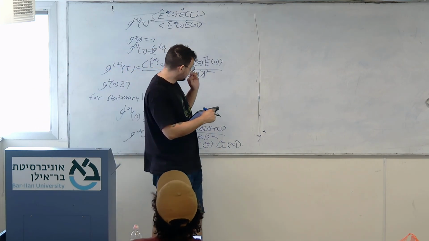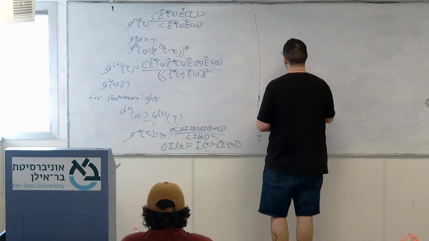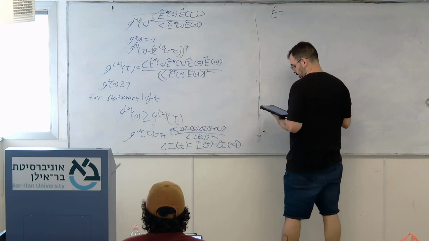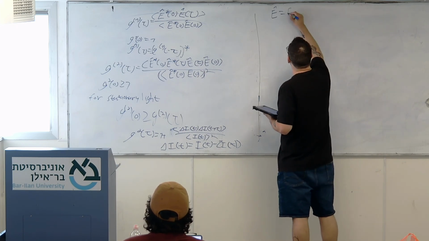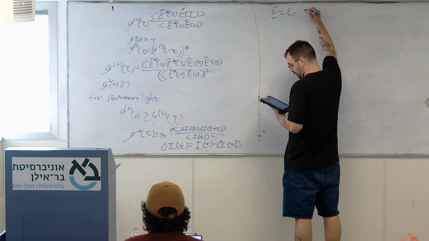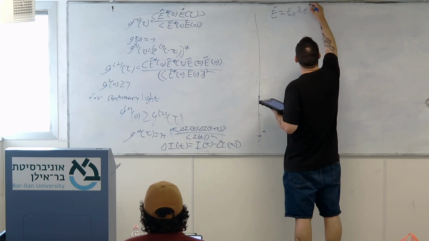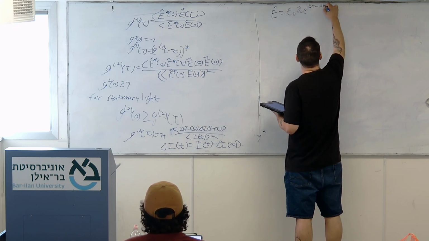But one more specific thing that's very important is that E in the quantum realm equals E0, some amplitude, times the annihilation operator, times some phase.